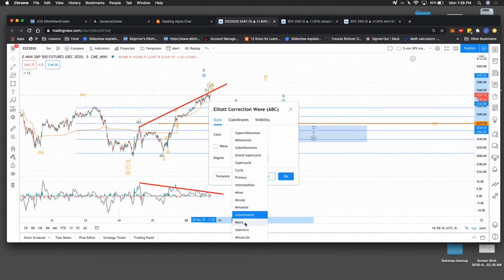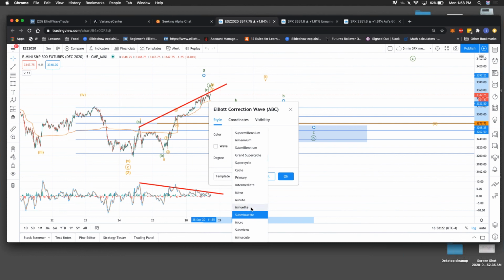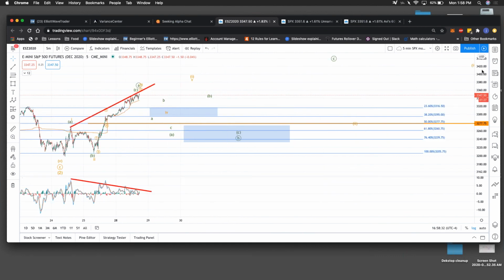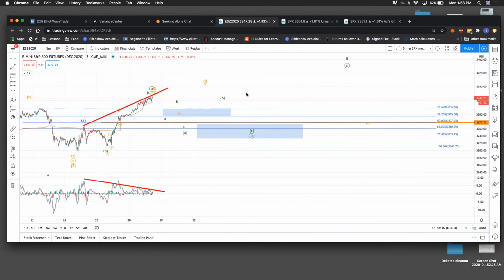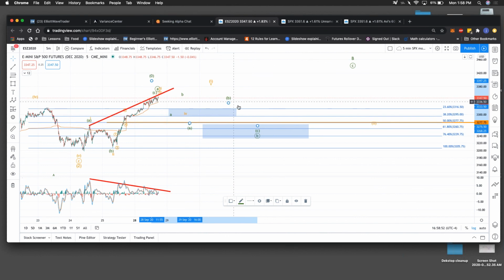In this scenario, you're asking about a B wave within a B wave of a wave 2. It's really unpredictable with regards to timing or subwave structure. I can put something like this on the chart, where we get an A, B, C, like so, for an A wave down, then a B wave up, and then a C wave.